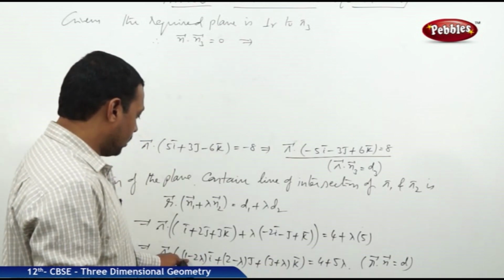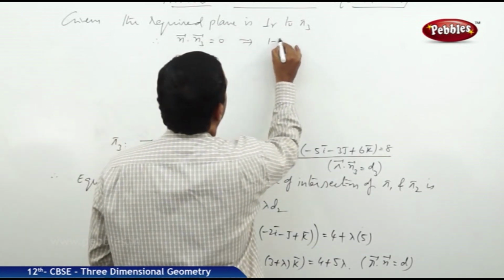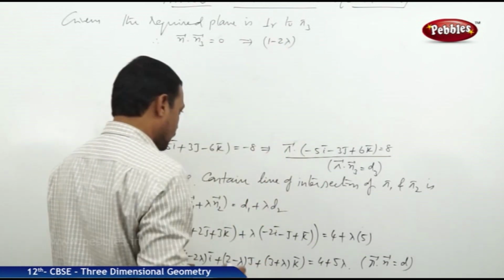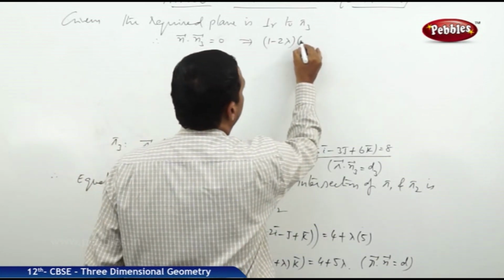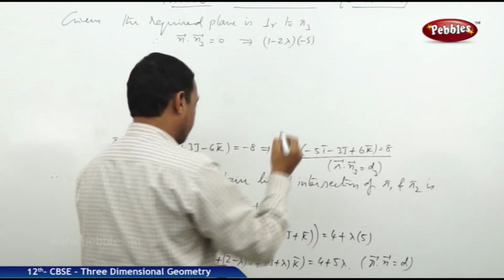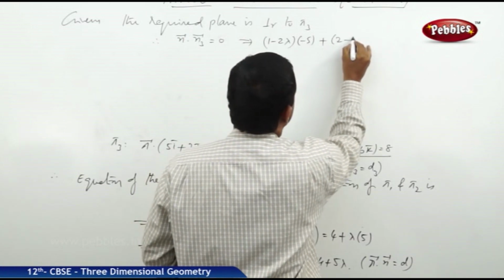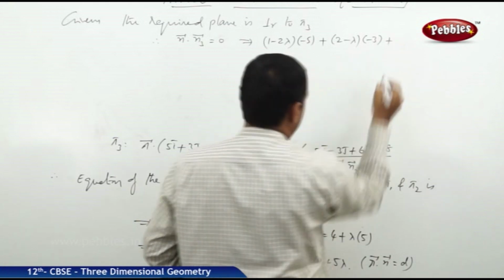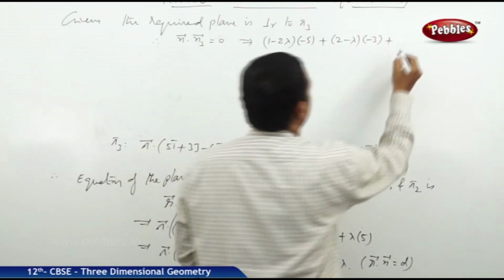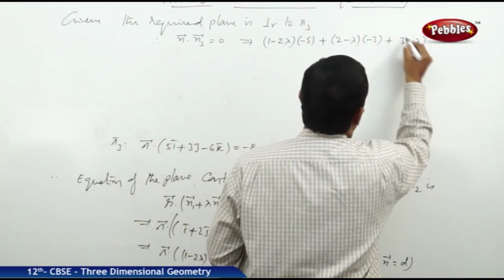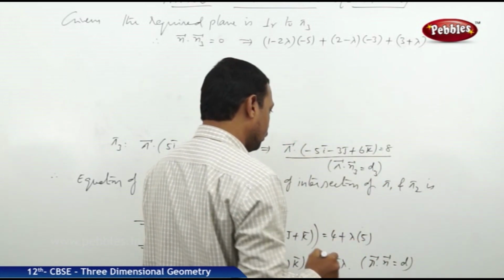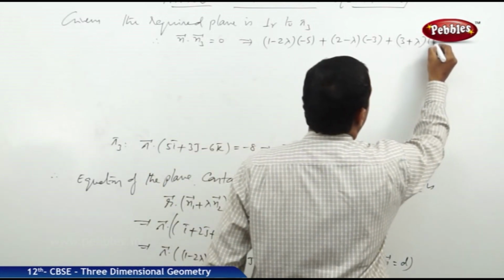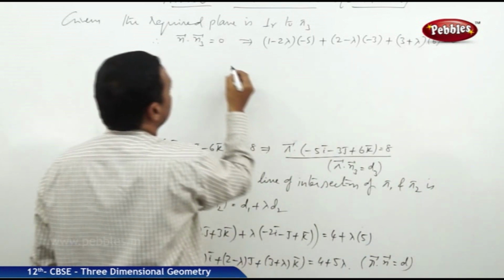Now 1 minus 2 lambda into minus 5 plus 2 minus lambda into minus 3 plus 3 plus lambda into 6 is equal to 0.